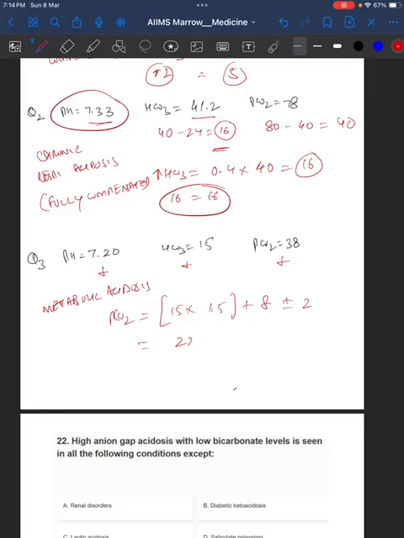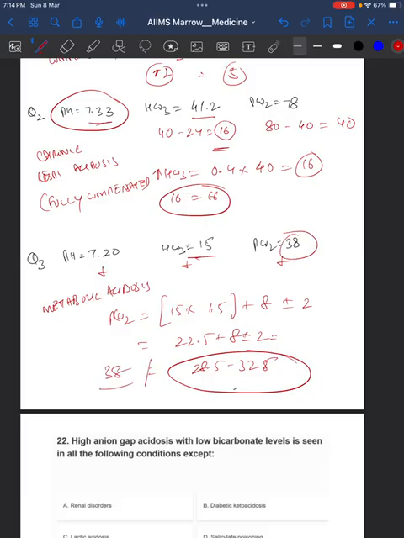This will come out to be 22.5 plus 8, plus or minus 2, which is somewhere around 28.5 to 32.5. Our bicarb is 15, and our PCO2 is 38. So we can see that the acidosis is not fully compensated.